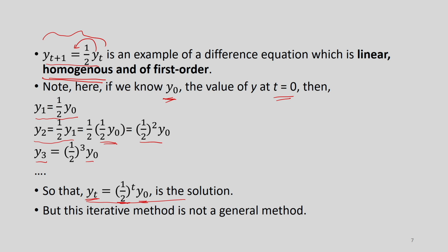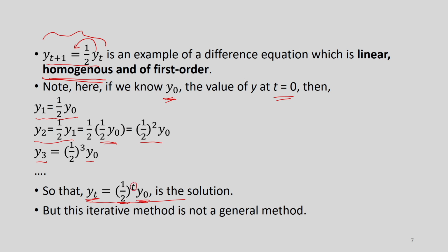So, this method is the iterative method of finding y t as a function of the constants and time. You can see here that on the right hand side there is no term involving y t or y t plus 1 or y t minus 1. The only thing we have is a constant y 0, another constant half, and time.